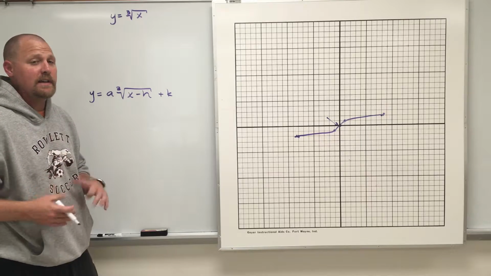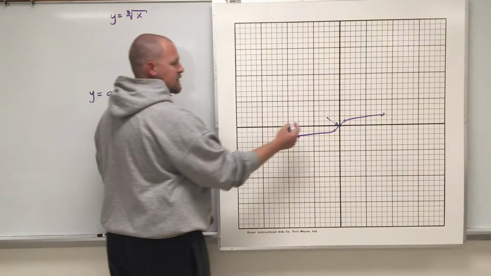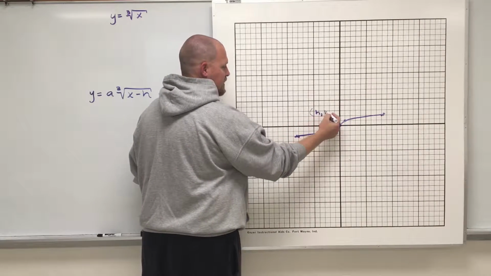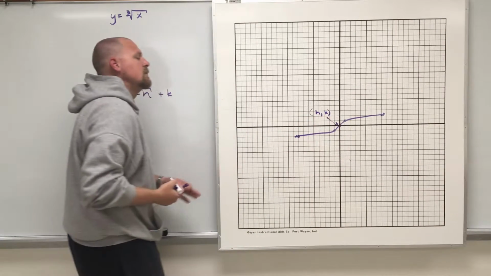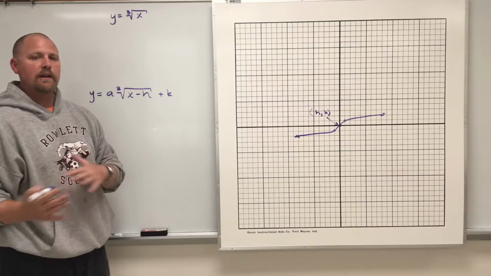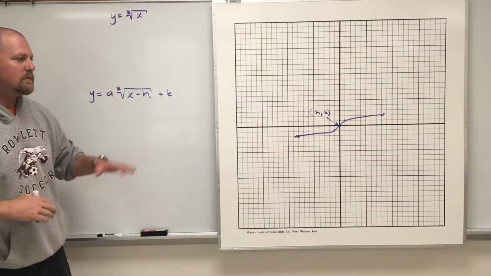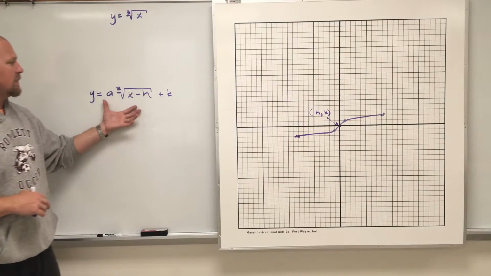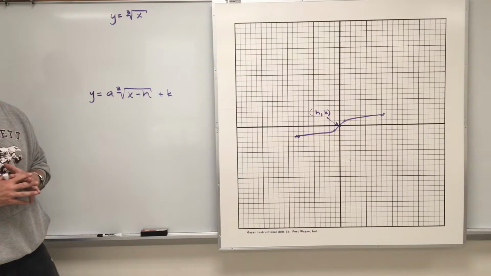You can call it the vertex, I guess, if you want. This is the point where we're going to have h and k. So if we can figure out that point based on wherever we're trying to move our function to, then we will have the ability to write our cubic function.